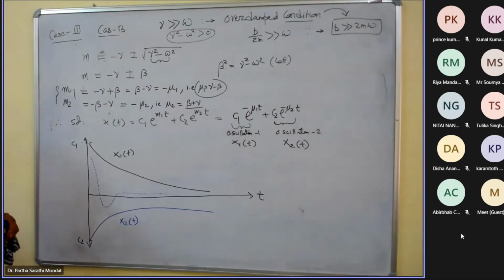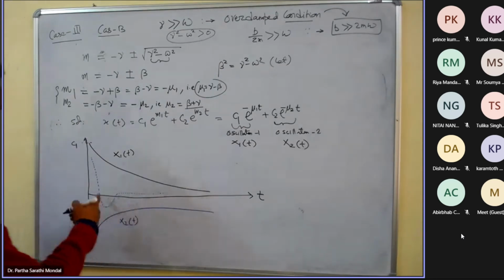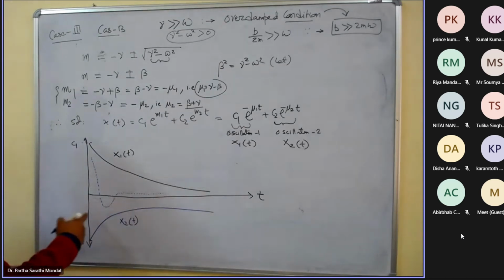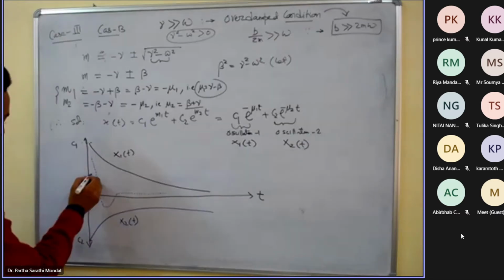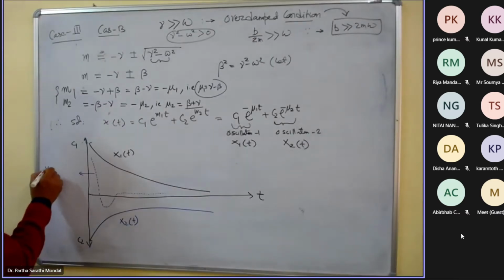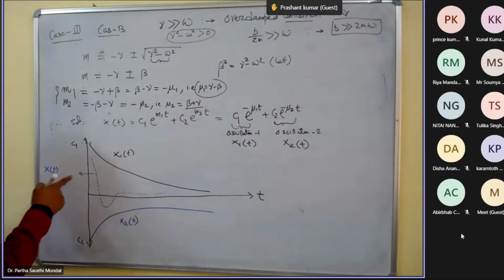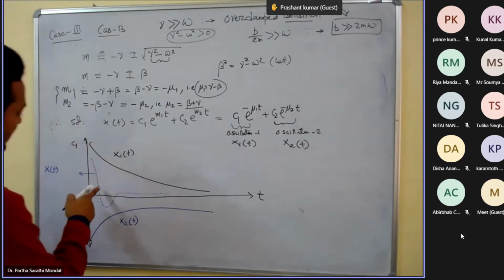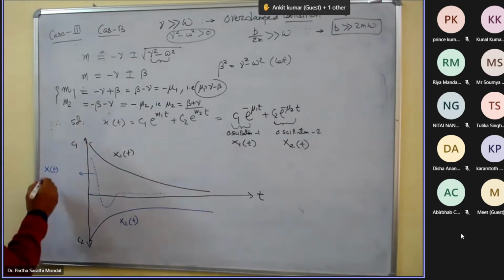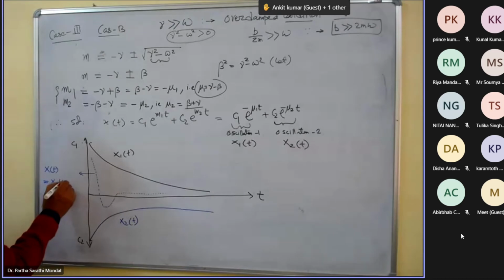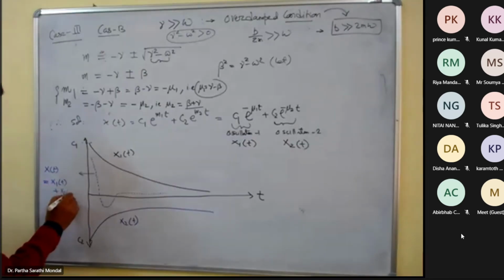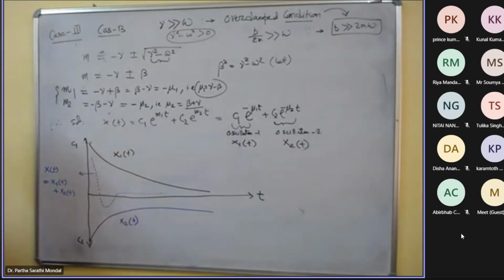So now what I'm trying to say is that it's a generalized curve. That means if I plot this one, this is x t, which is actually x1 t plus x2 t. So this is your resultant curve.